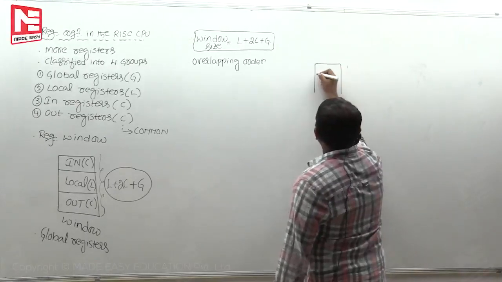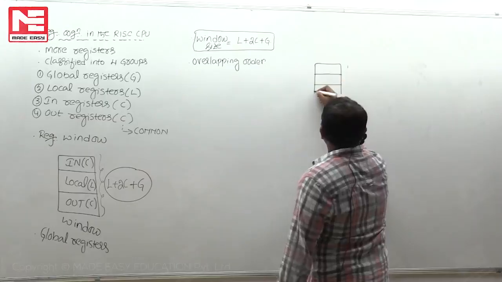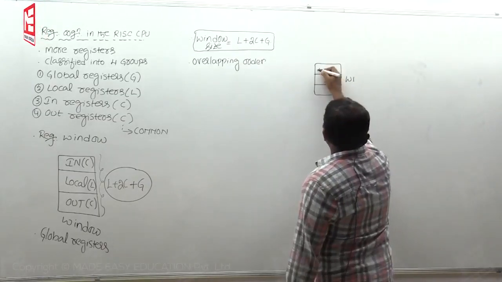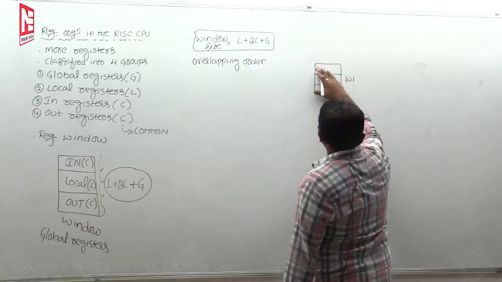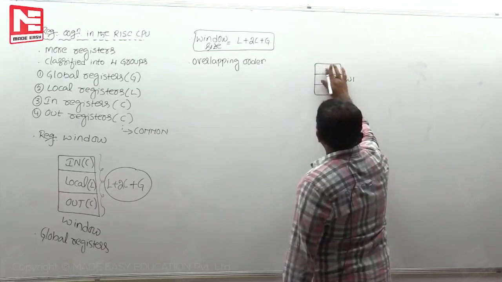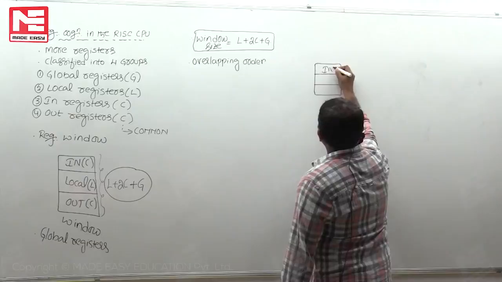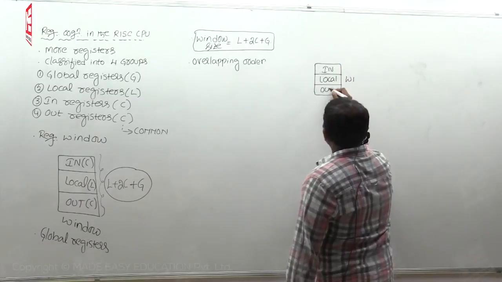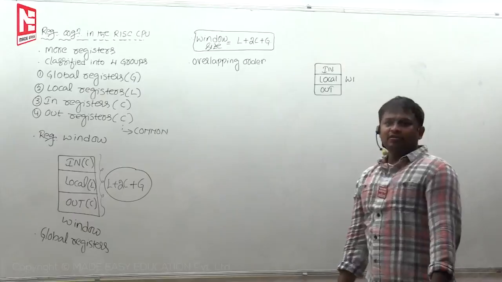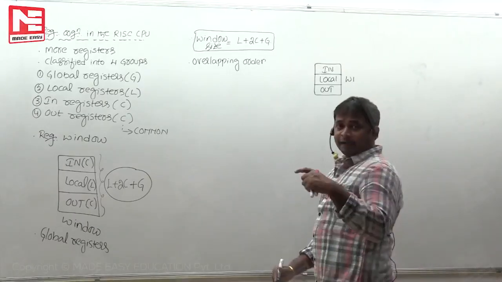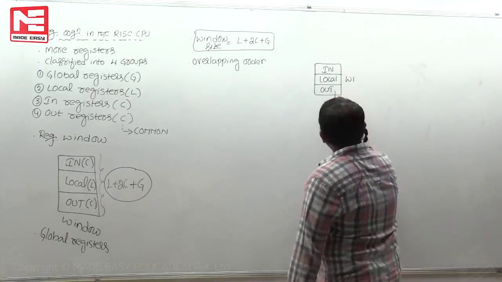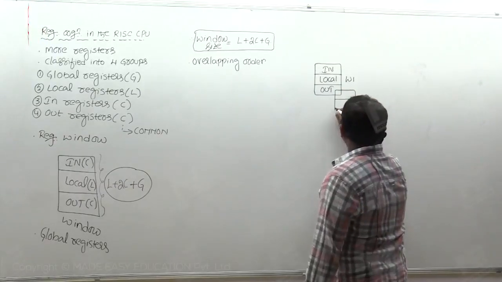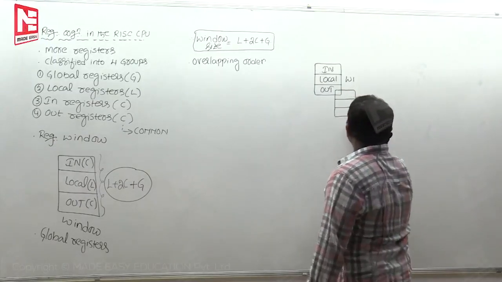See, this is the window. Window 1, W1. What is present? In, local, out. Present, right? Every window contains in, local, out. Now overlapping means window 1 out registers are used as in registers in window 2, like this.